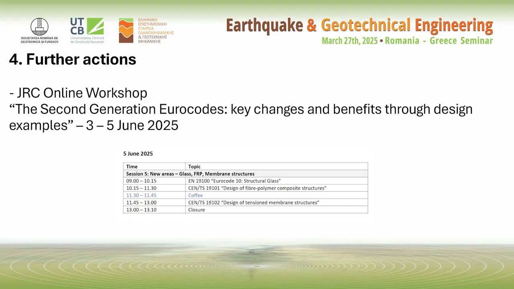We will have 1 hour and 15 minutes to present some aspects regarding Eurocode 7, but all the Eurocodes will be presented, starting from 0 until 9, Eurocode 9, and also some other documents, design of fiber polymer composite structures, and so on. So please put this seminar in your agenda.